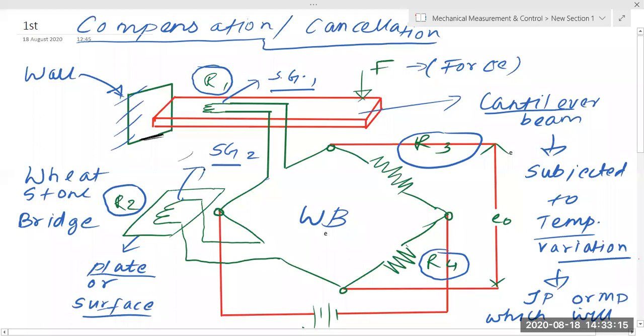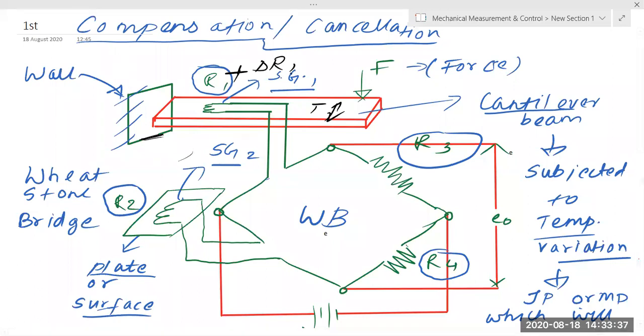Due to temperature variation, suppose this system is having some change in temperature. It might be increasing, it might be decreasing. So there will be some interference, and that will lead to some change in resistance.